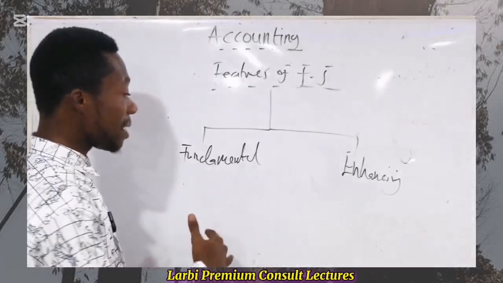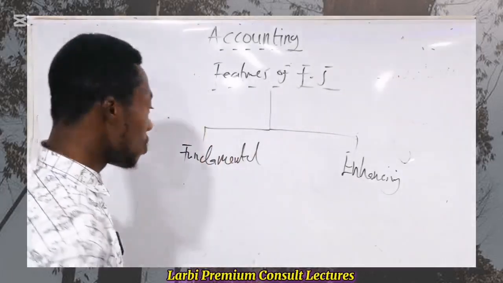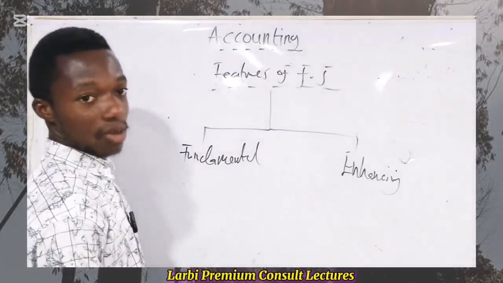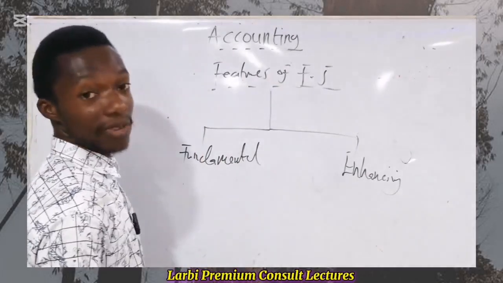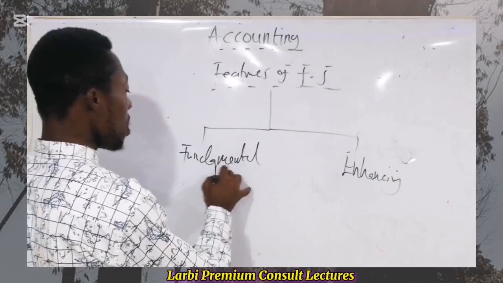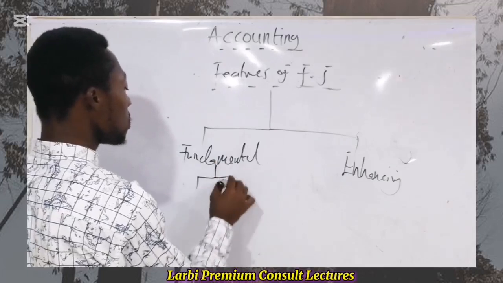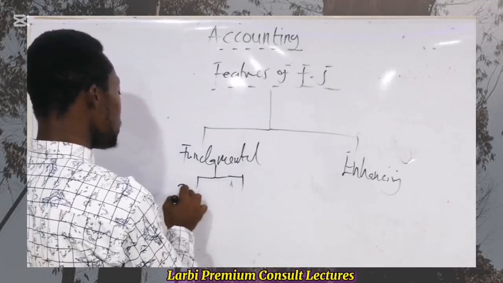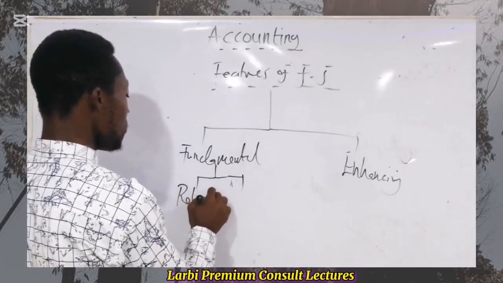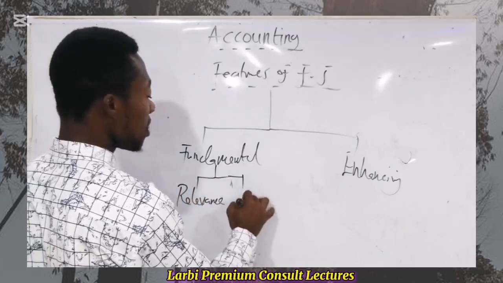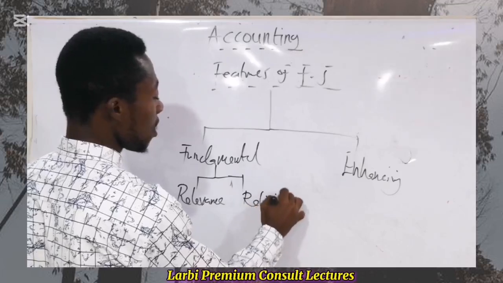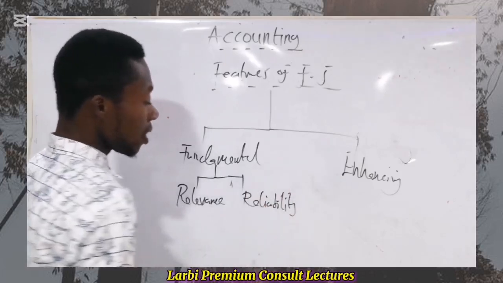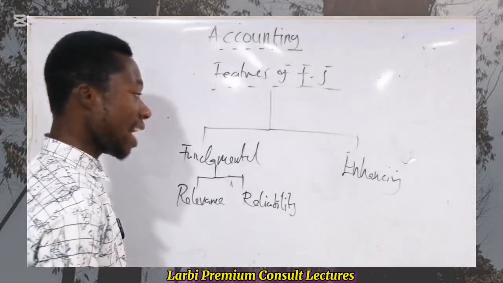So under fundamental, we have 2 features or qualities of the financial statement. We have what we call relevance, and we have reliability.